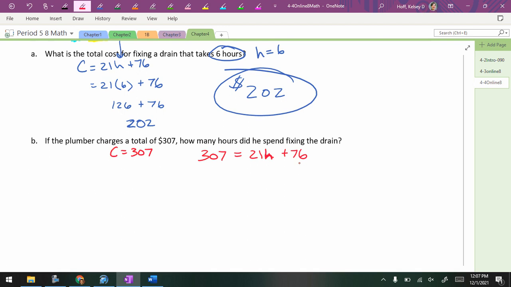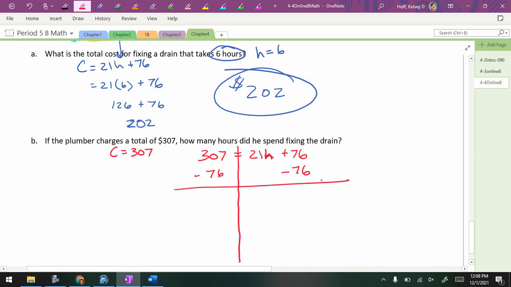Nicely done. Bring back some chapter 2 stuff here. We have to solve for H. What are we going to do first? Subtract 76 to the other side. 307 minus 76 is 231 equals 21H.